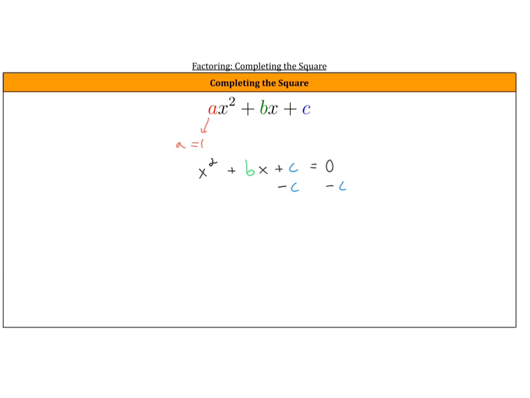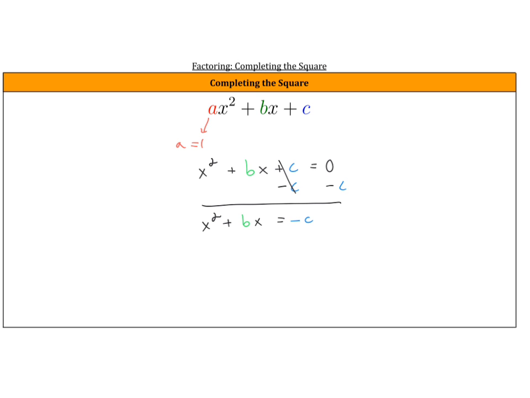What we get is x squared plus bx is equal to negative c. Keep in mind that c, or the number on the other side, might be positive. But this is what we want: just our x squared term and our x term on one side of the equation, and the number on the other side.